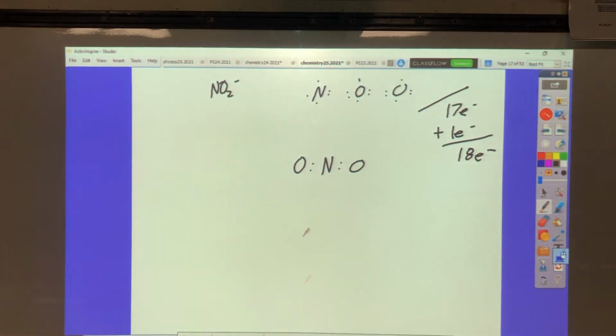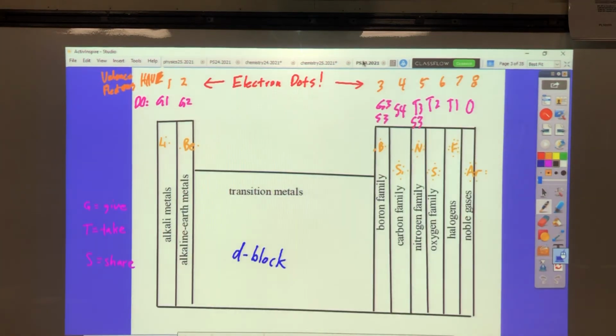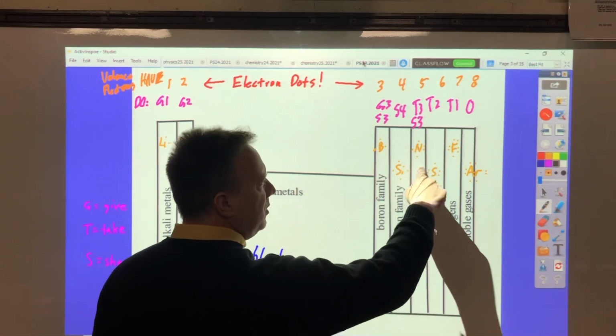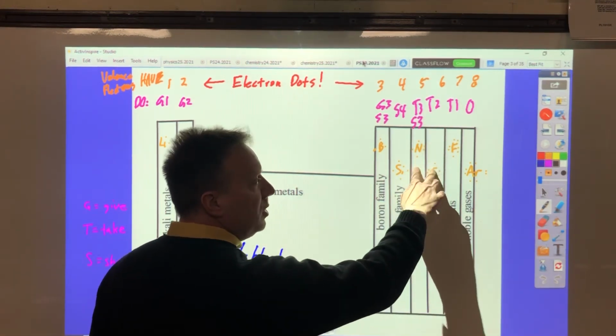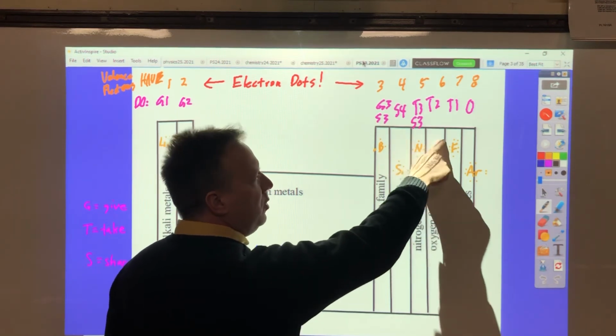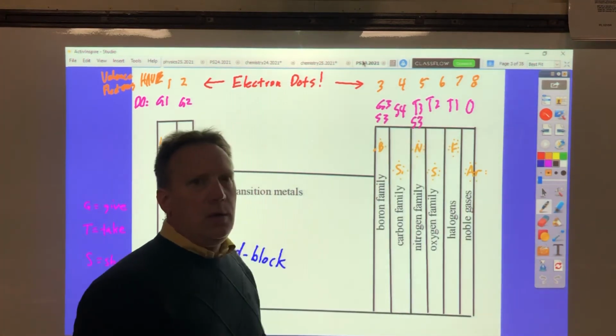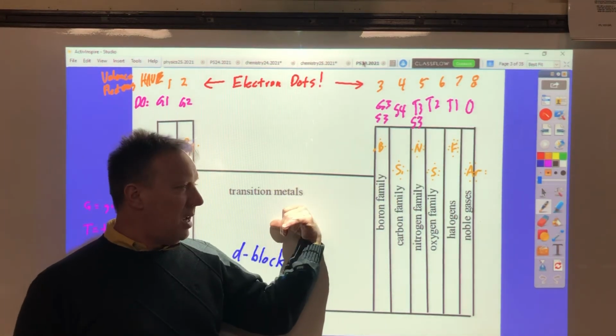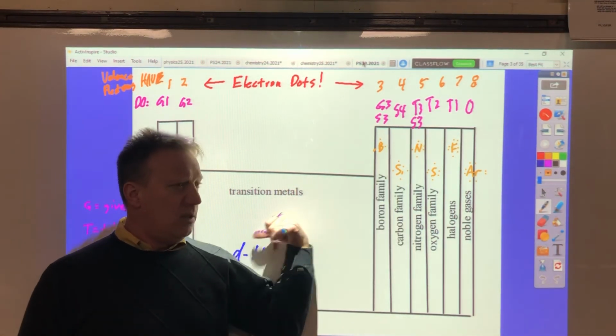These guys are in the columns where they are going to have 8. And you could say, well, what about phosphorus and sulfur down here that can do more than 8? Yes, but you can't do that with ones in the second period. In order to be able to do that, you have to be in the third period so that you can take electrons out of or put electrons into the d orbital.